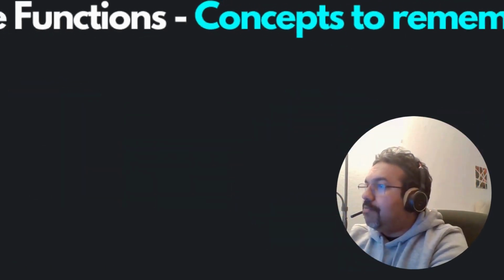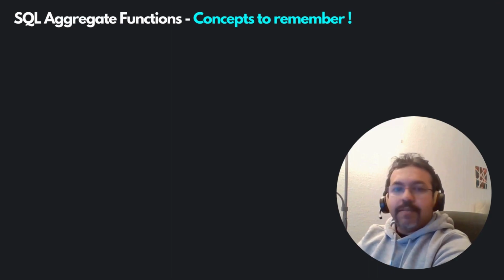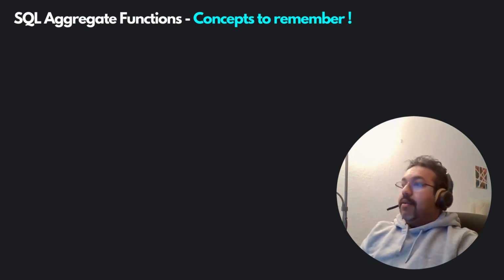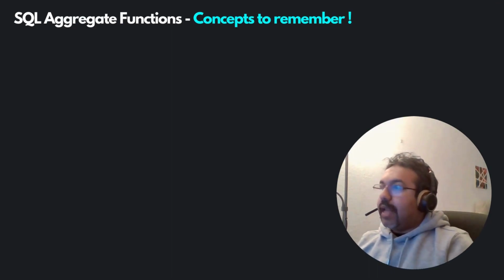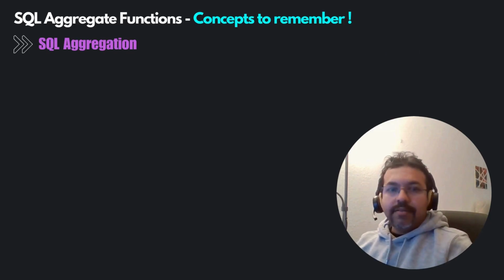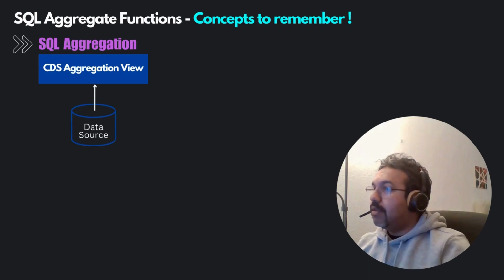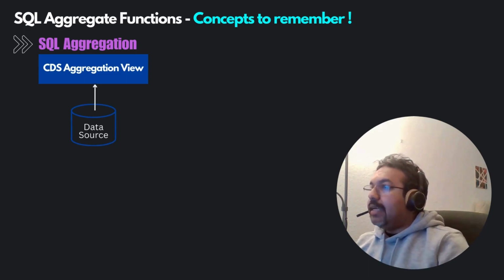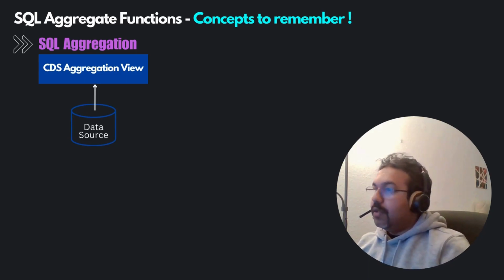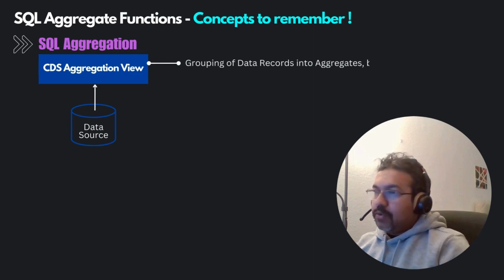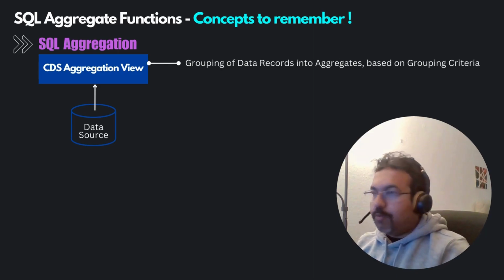So based on this example, let us formalize a few concepts now, all right? From an architecture standpoint, SQL aggregation basically means you build a CDS view on top of an underlying data source, and within this CDS view, you group the records into aggregates based on some grouping criteria.